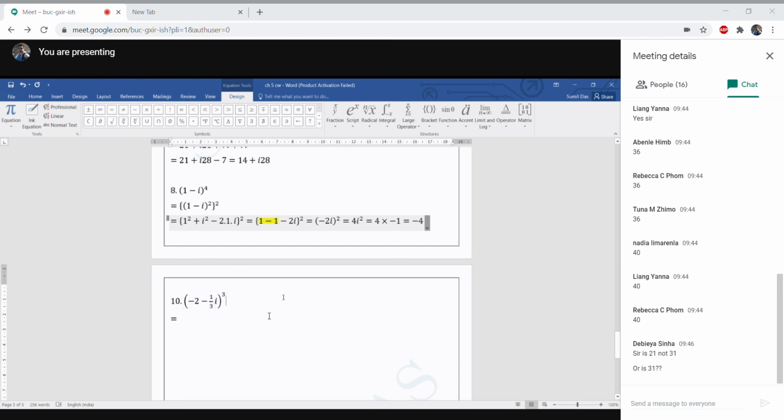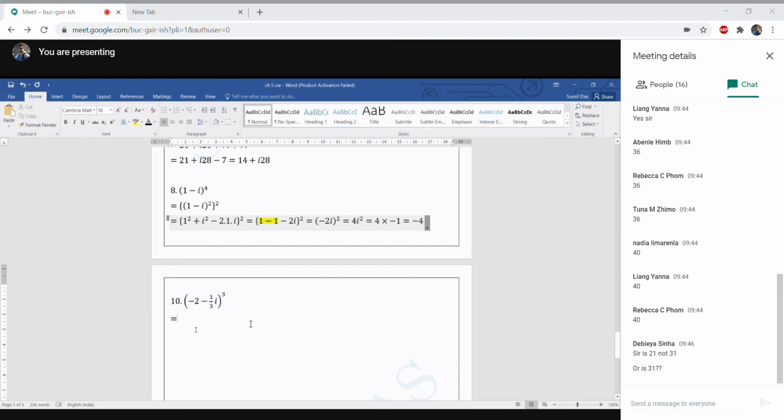Okay, so the (a minus b) whole cube formula is, let me write the (a minus b) whole cube formula first.